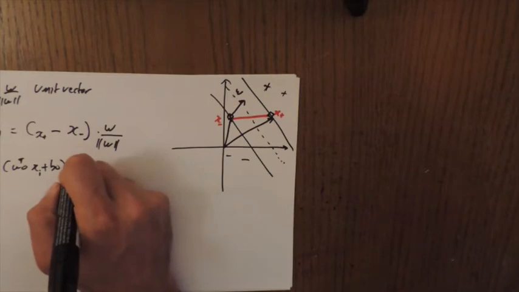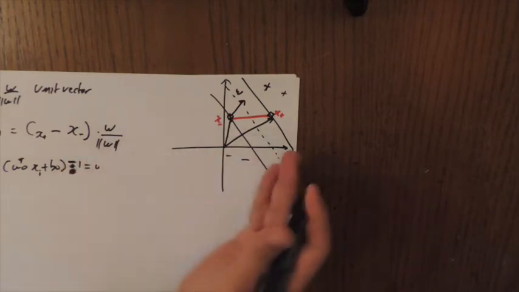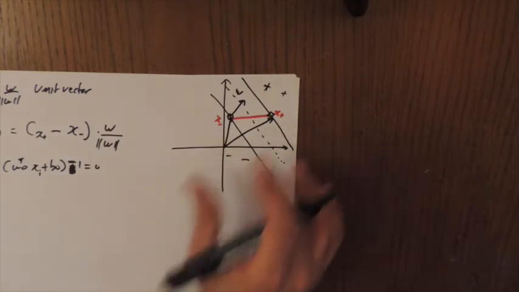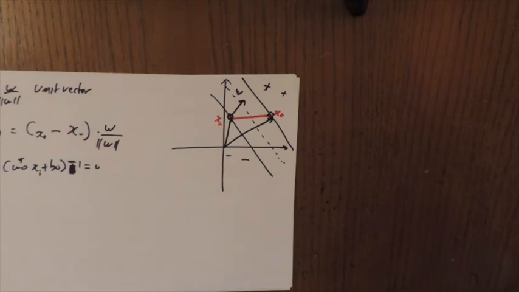Sorry, here it's minus 1 because we take it from this side to here. So di W0 transpose xi plus b0 minus 1 should be equal to 0. This is true because they are support vectors. Now, as we said, we want to find this dot product, so let's substitute for the values.